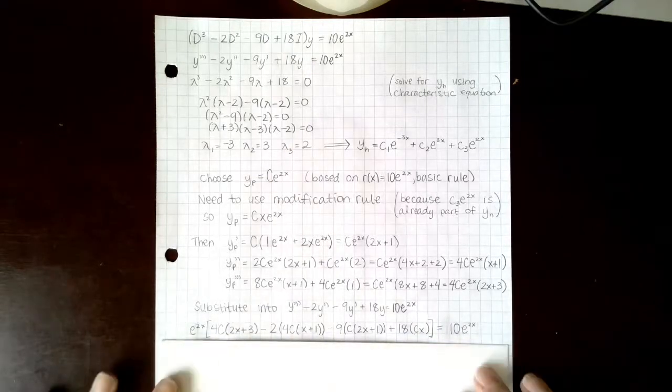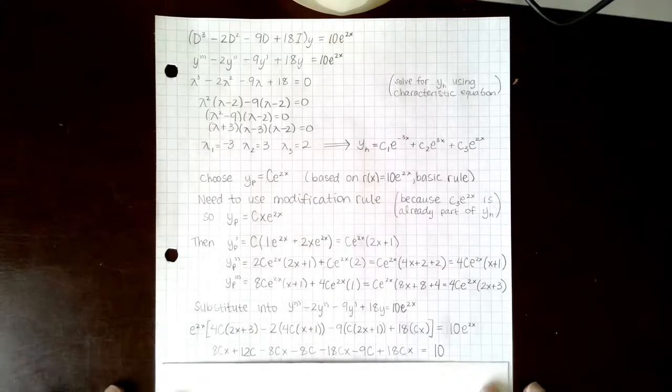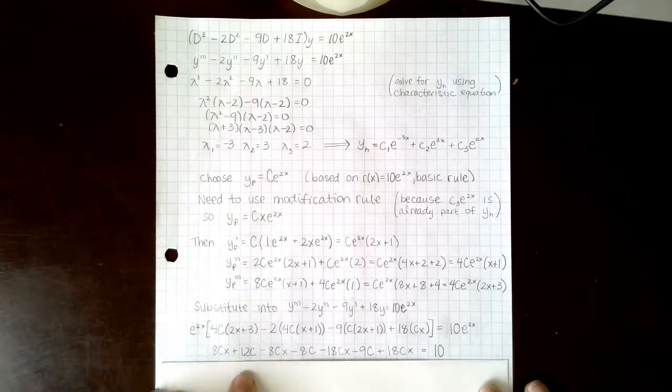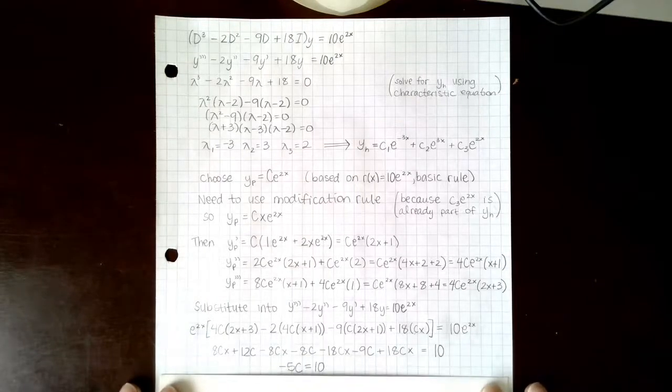It's actually going to be equal to 10, which you can see as I did that right here. And then I noticed that all of my cx terms actually are going to go away. We go plus 8 minus 8, minus 18 plus 18. So those actually all go to 0. And then we have our plus 12 minus 8 minus 9. And that comes out to be -5c is equal to 10.